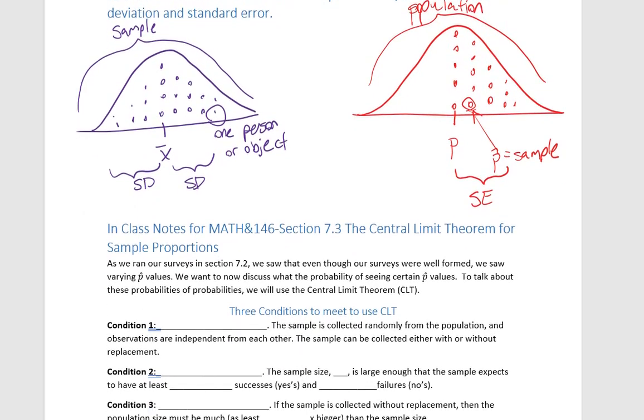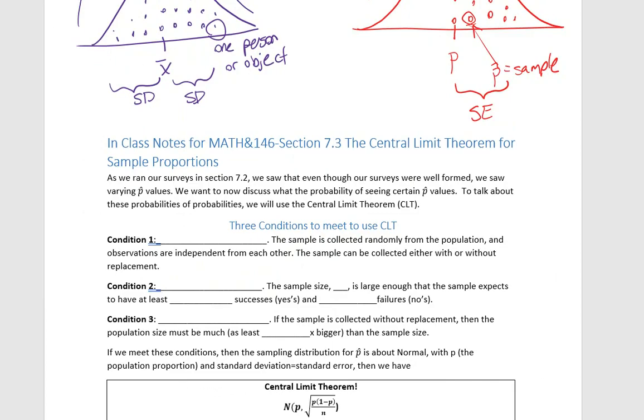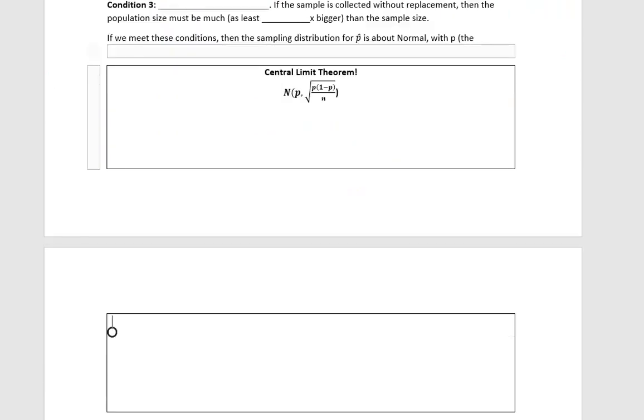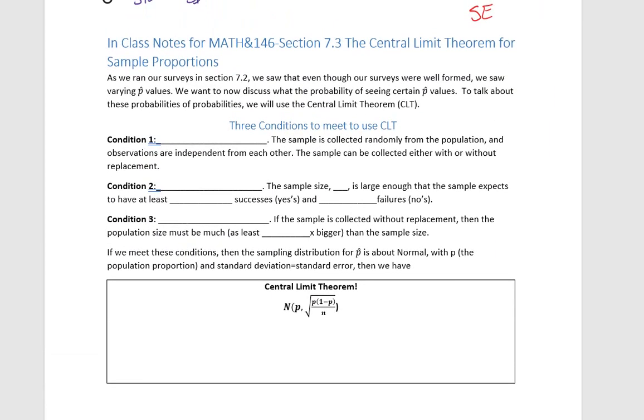Okay, great. So, moving on into 7.3, what we are going to be doing is using something called the central limit theorem. What the central limit theorem does is that it says, hey, your survey is good enough that we can actually get a pretty good estimate of the population.